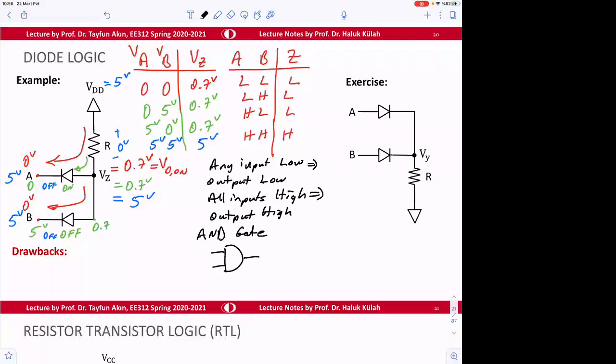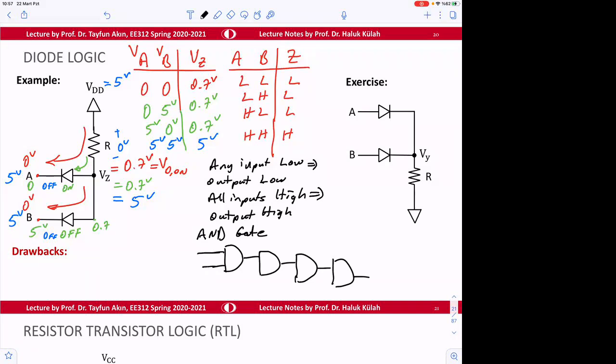However, this is not used much because if we look at this, if we keep, let's say, connecting this to another circuit, another AND gate, and another AND gate, the voltage keeps increasing. So here there is no active element other than the diode.